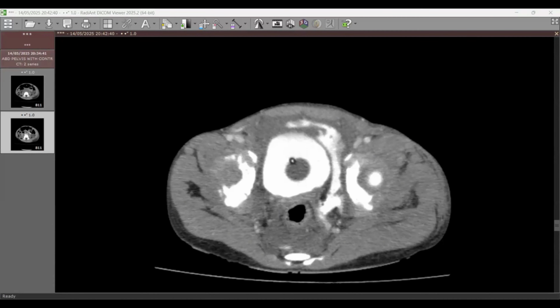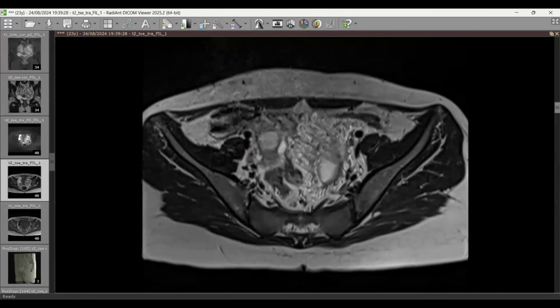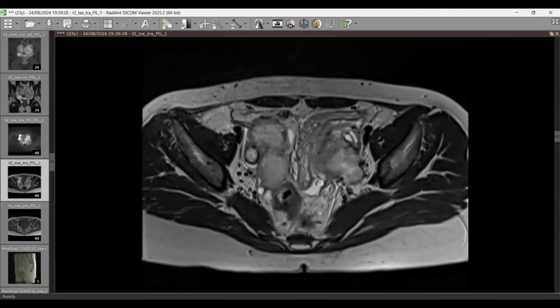With the second case, there was a little bit of hesitancy. You see all these inflammatory masses bilaterally.